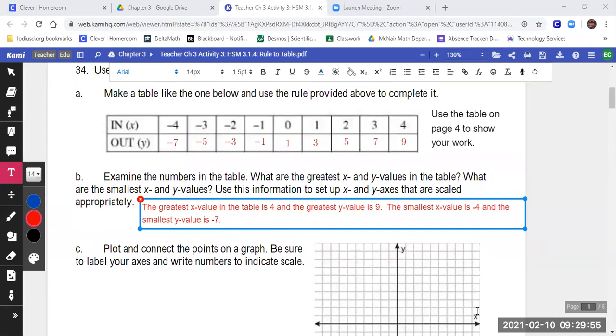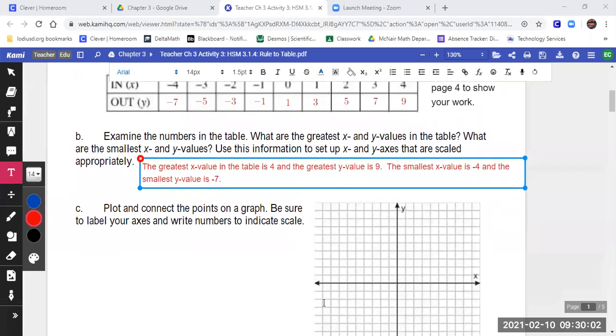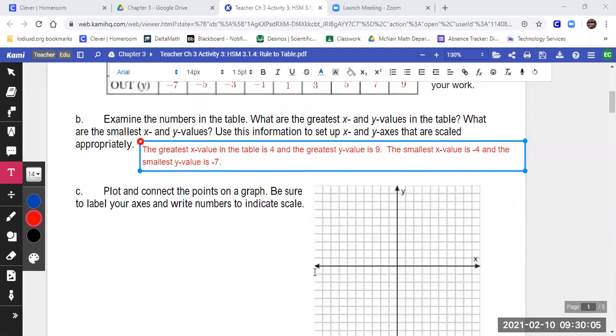Okay, if I'm starting at -4 for my x, and I'm going all the way to +4 for my x, is it okay if every line is worth 1? Do I have enough space for that to happen? So let's look. If I'm counting, I have 1, 2, 3, 4, 5, 6, 7, 8, 9 lines, right? 9 lines between the center and the arrow.